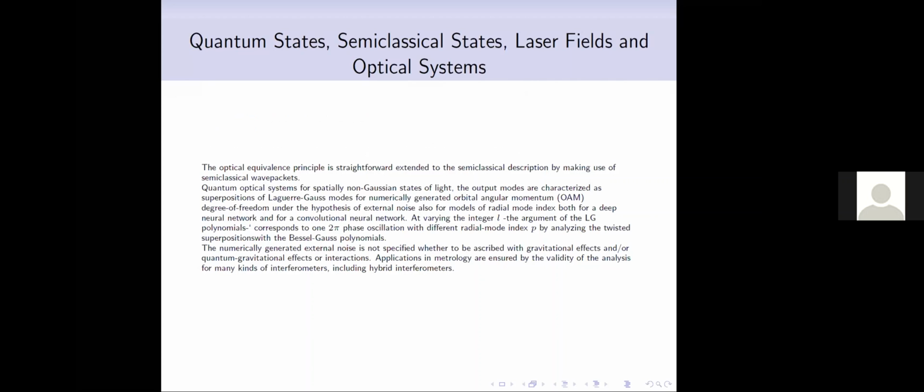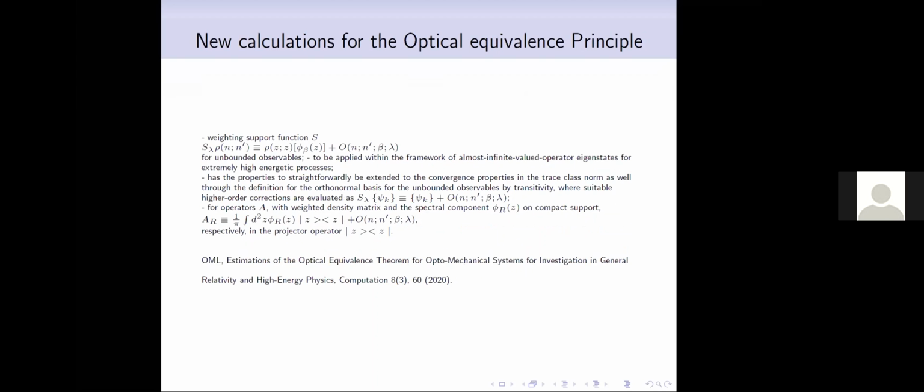one other problem, which is the definition of quantum optical systems for Gaussian. In the case of semi-classical systems, they can be defined both for Gaussian wave packets and for non-Gaussian wave packets. And so it's possible to define an approximation with the previous definitions.